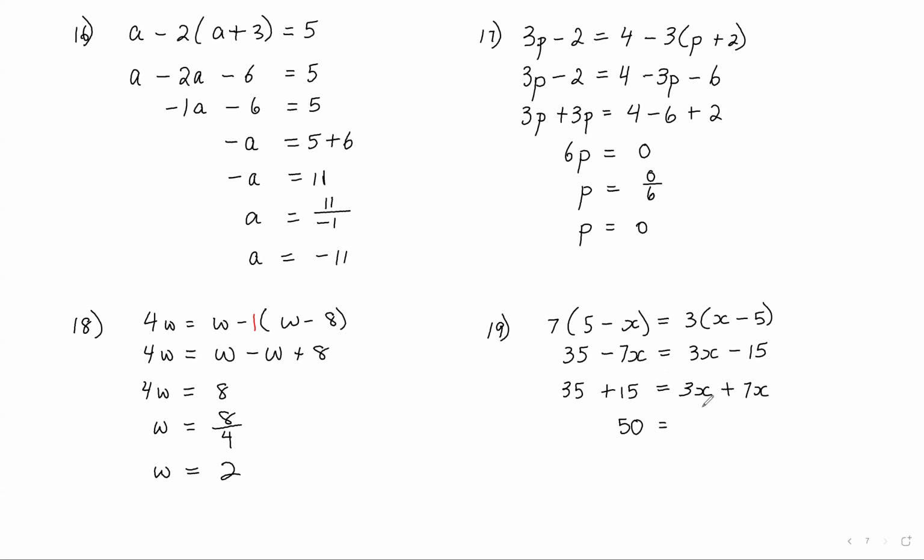So 50. And then 3x plus 7x is? 10x. Yes. So therefore, if 10x is equal to 50, what would x be equal to? 50 over 10. That's right, which is what? 5. So x is equal to 5. Perfect.